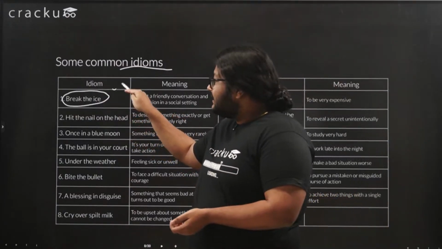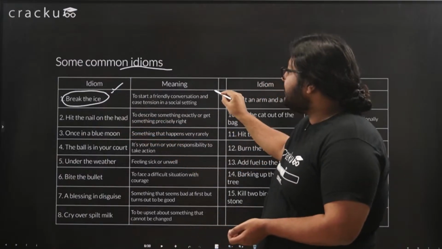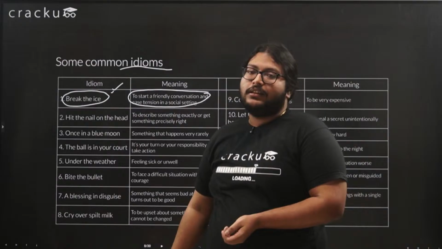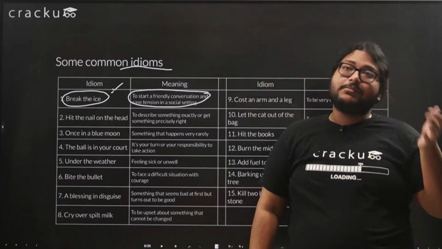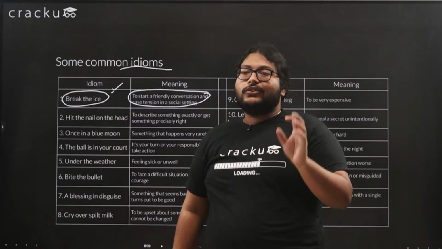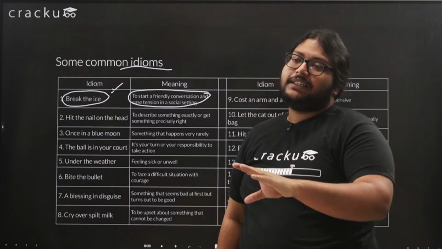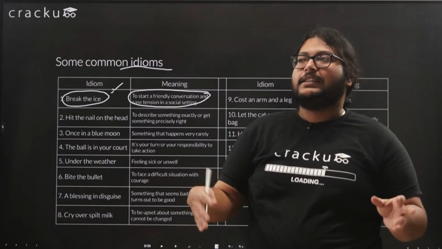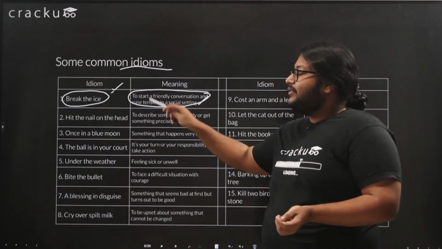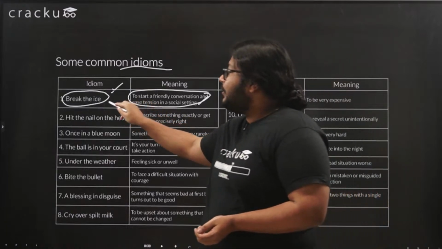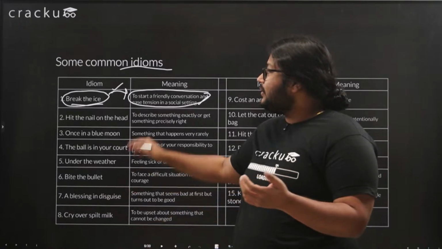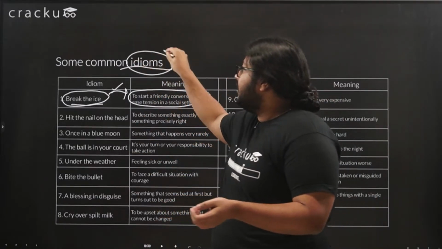But this is used as an idiom. It means to start a friendly conversation and ease tension in a social setting. A sentence can be something like, the party was very dead, so Raghu decided to break the ice by announcing, let's play a game. So, breaking the ice is very different from what it sounds like. The idiom meaning is actually very different. Those kinds of words are called idioms.